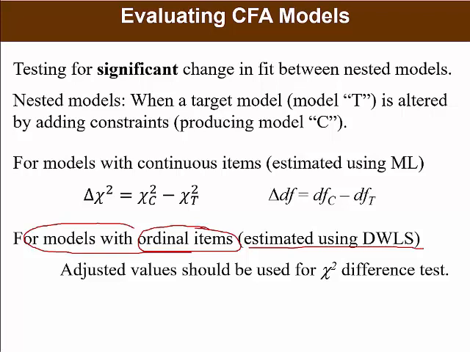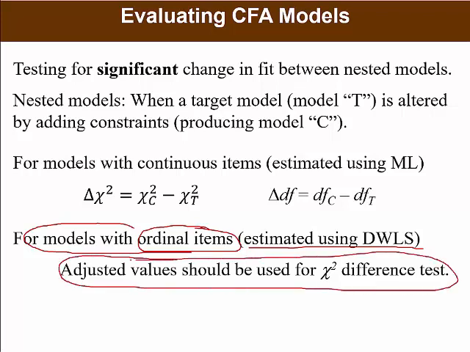I mentioned how in that situation we would also use an adjusted chi-square value, and if we have these adjusted chi-square values, that's what we should be using in this chi-square difference test. Sometimes there are other things that make that somewhat complex, although if you're using computer software, it can take care of that for you.